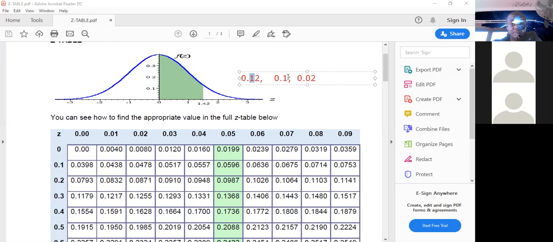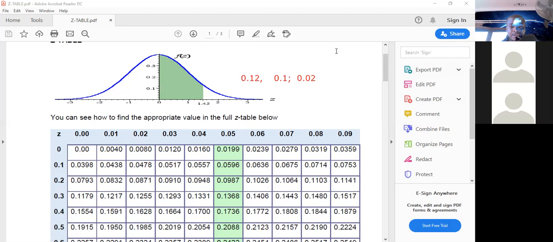So this is the first number, and this is the other number. Where they meet, this is the probability, 0.0478. So that area, you plot it on the normal curve. Then you add the 0.5, because it says less than. Okay? So this is the table that you will be using.